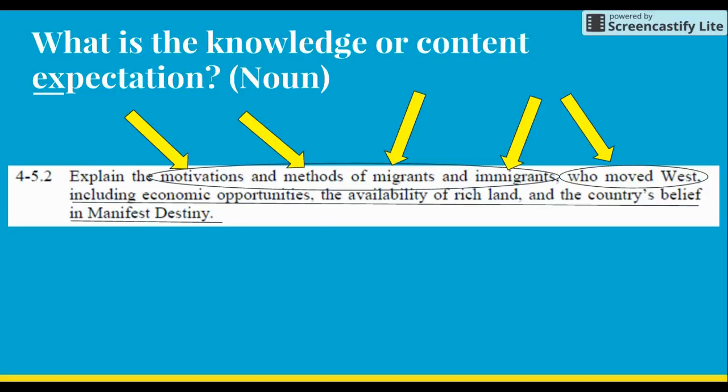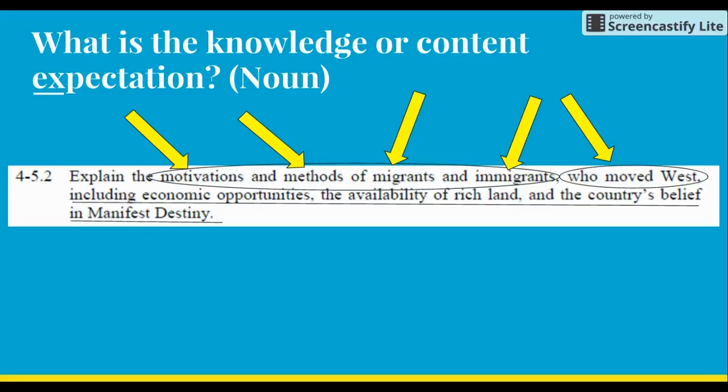Here, the remaining phrases in the indicator also give pertinent information. So after you know students are to explain the motivations and methods of migrants and immigrants, let's take a look at the other phrases. Who moved west? This tells us the group of migrants and immigrants this standard addresses.